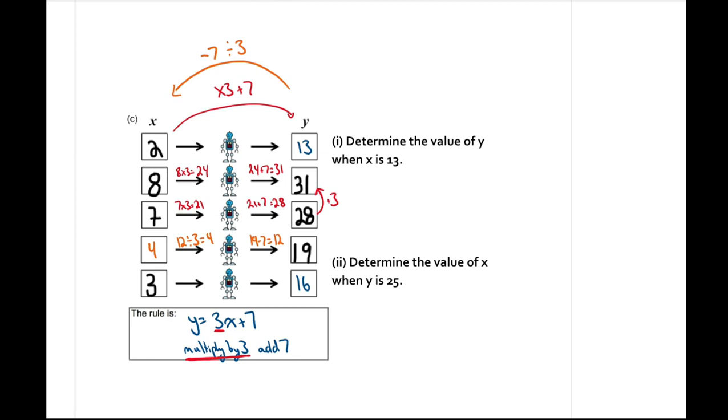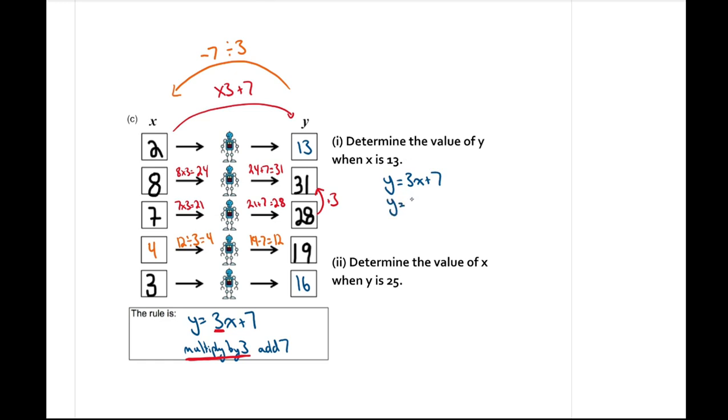So we have 2 other questions, now 2 new tables. We're going to use our rule. Determine the value of y when x is 13. This is an easy one because we're going straight forward with our pattern. We can use our rule, y equals 3x plus 7, or the output is equal to 3 times the input plus 7.